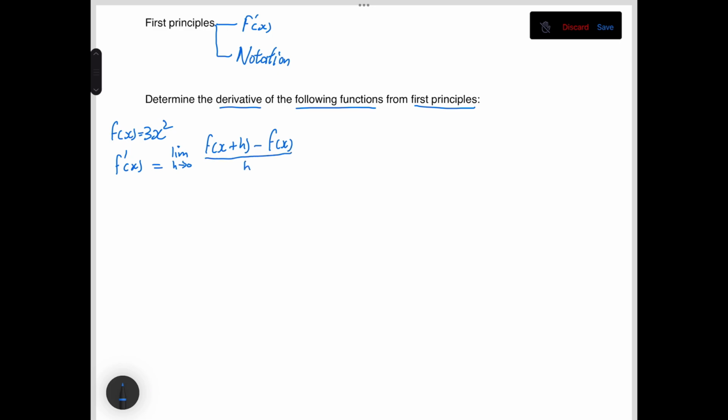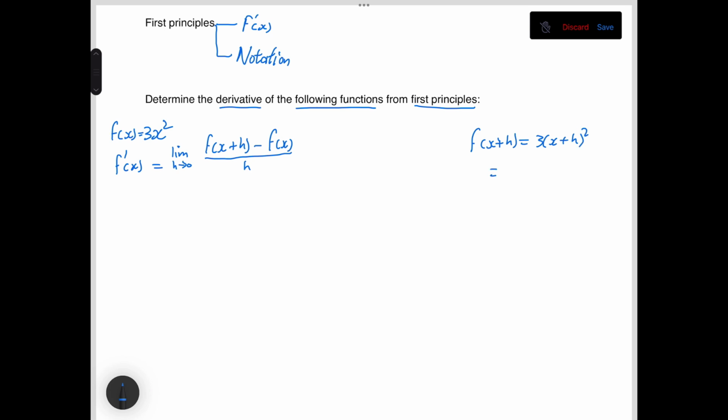This is the formula that we're going to use, and it is only used when they give you the keyword first principles. So we substitute x plus h in the place of x, and that's what we get.